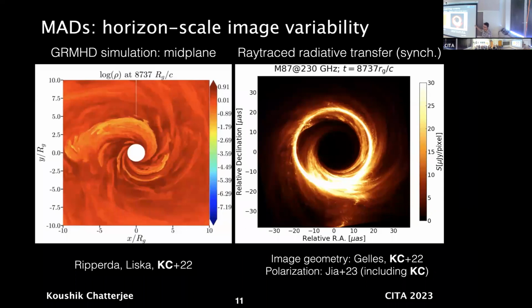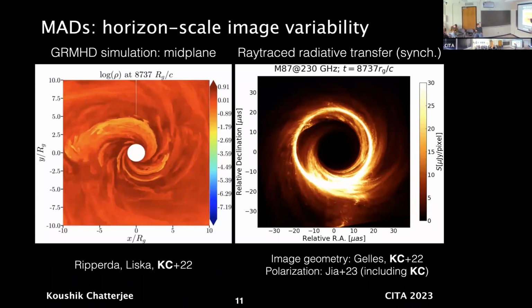Now, when you ray trace that particular simulation, you get some interesting features, especially because of the magnetic flux eruptions. What I'm going to show you is, again, the mid-plane cross-section of that specific simulation. This is a black hole, even though it's white. And what I'm showing is the gas density.